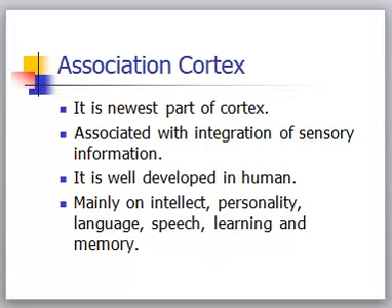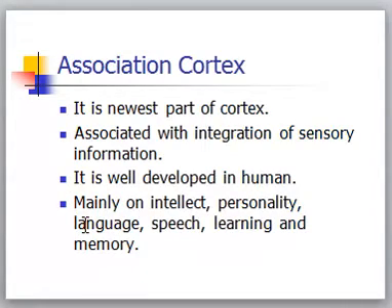The association areas of the cortex are different from other cortical areas like the sensory or motor cortex. They are named association cortex because originally they were thought to be associated with the integration of sensory information from the somatosensory cortex and to relay the integrated information to the motor cortex.